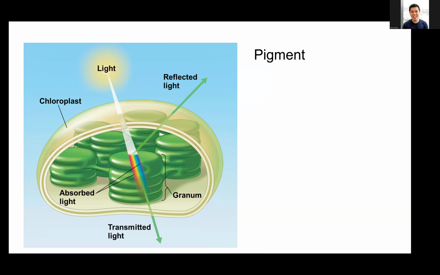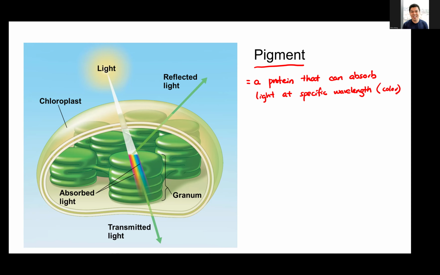So how does this relate to photosynthesis? Photosynthesis uses light as a source of energy. The chloroplast contains a particular type of protein called pigment. Pigment is a type of protein that can absorb light at a specific wavelength, essentially at a specific color.